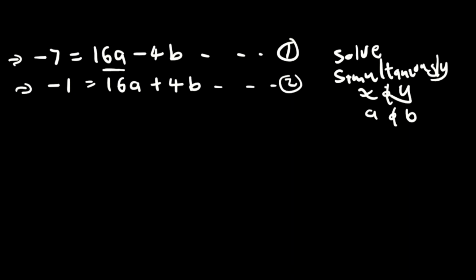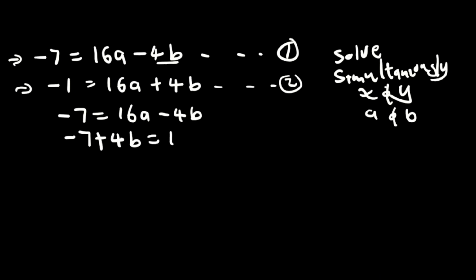So we have 16a minus 4b, 16a plus 4b. So we can simply use 16a as our equation. Let's choose the first equation. So we have -7 = 16a - 4b. So let's transpose the -4b to the other side of the equation. So we're going to have -7 + 4b = 16a. So this will be our equation 3.